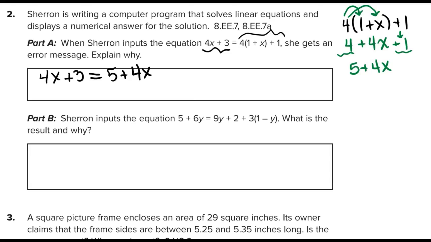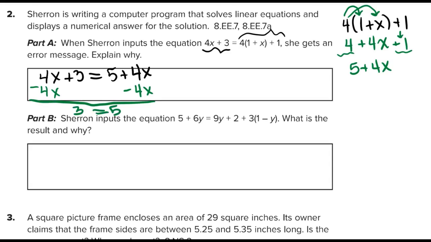Well, in that equation, it looks like I could take 4 x's off the left side, and I could take 4 x's off the right side, and I get 3 is equal to 5. Is that ever true?